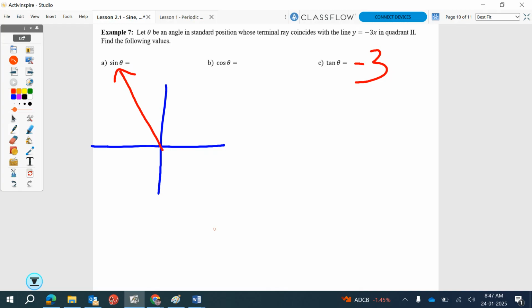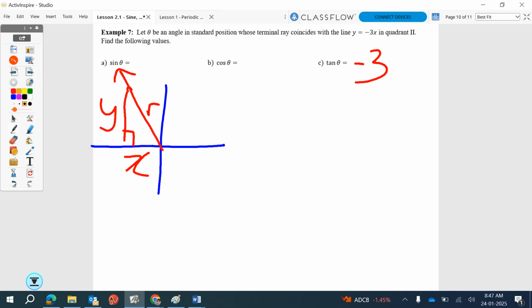We need to find the length of, so we've got our right angle triangle. Let's draw a right angle triangle over here, like this. If we define this as x, then this length here is r. Up to this point, this length here is y.